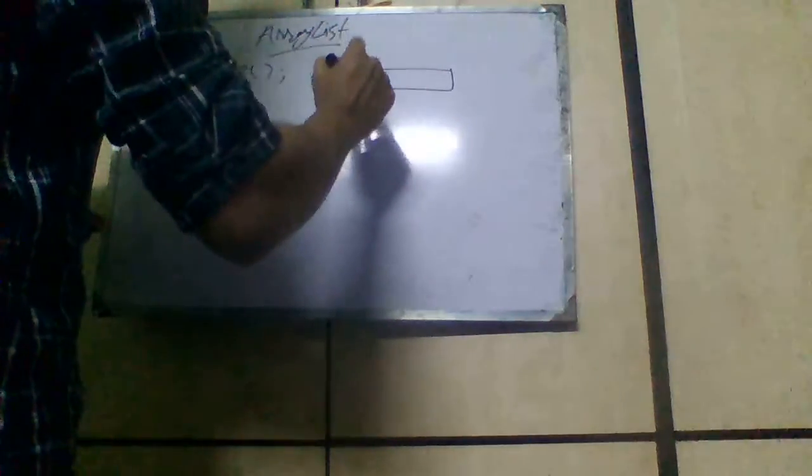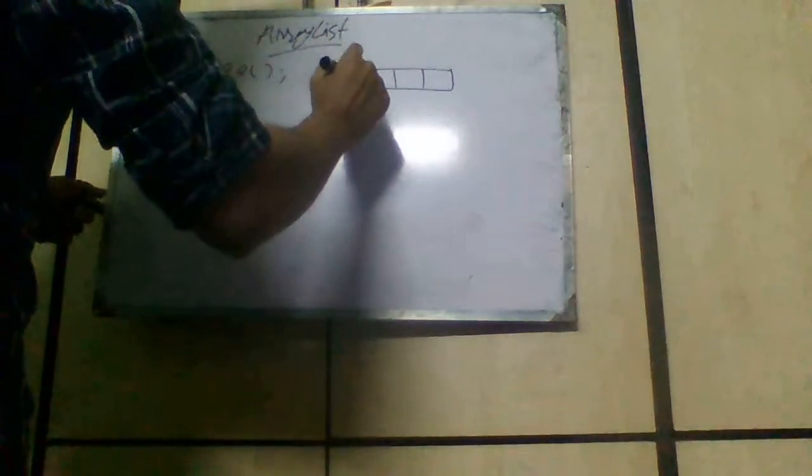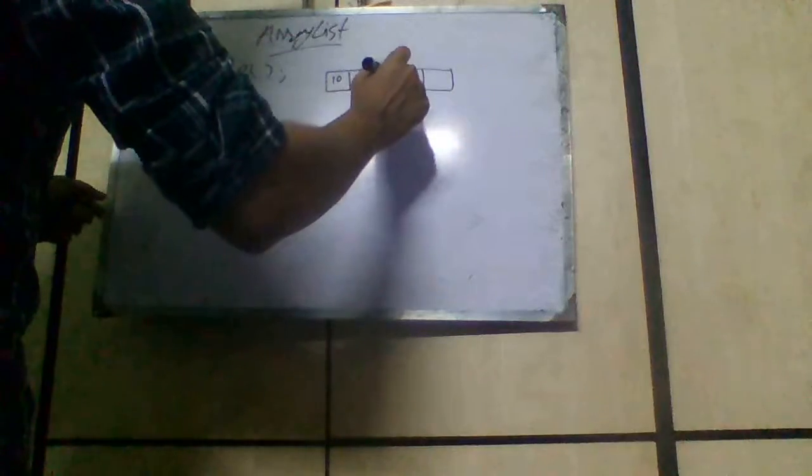Number 1 is size. This method will return the size of an ArrayList. Like if we store values here like 10, 20, 30, 50, 70, here 1, 2, 3, 4, 5.